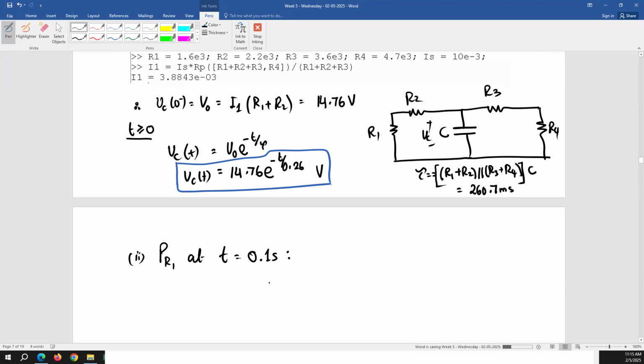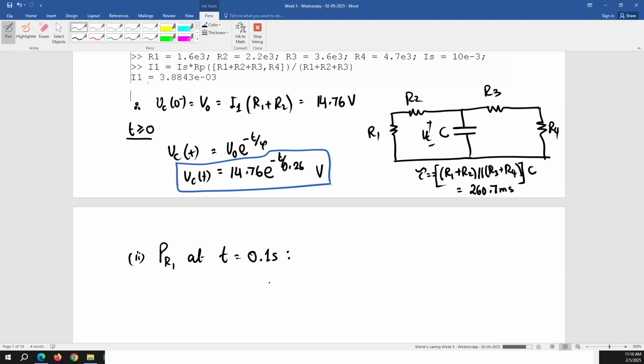All right, so who is going to tell me how we are going to find that? No, but that voltage is not across resistor R1 though. Yeah, so you have to find the voltage across R1 first.